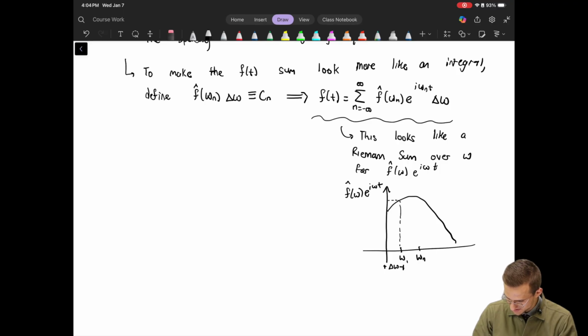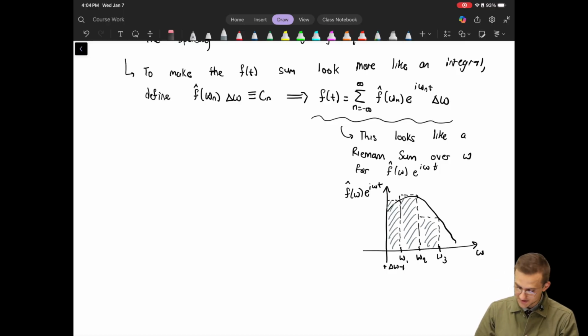And then this is like omega 2. We figure out what the value is there, and then do another horizontal block, and then omega 3 over here, horizontal block, and so on along the omega axis. These blocks become the area that we sum up. And if you send delta omega to a smaller and smaller value, you'd be approximating the integral, the area under the curve, more and more accurately.